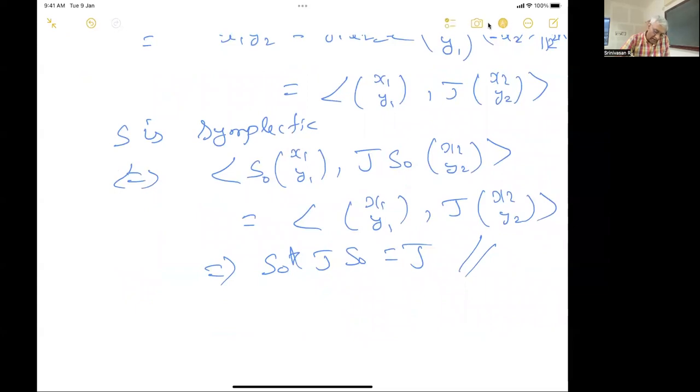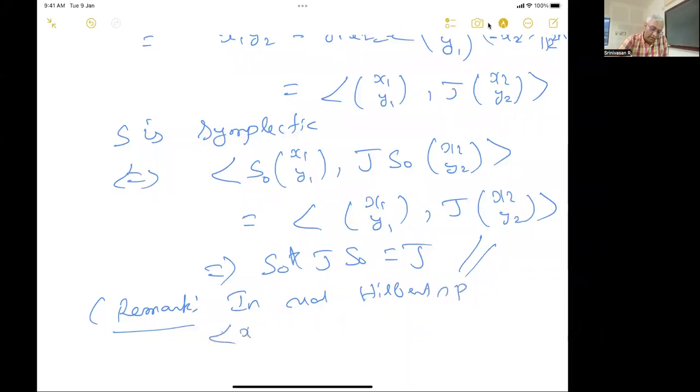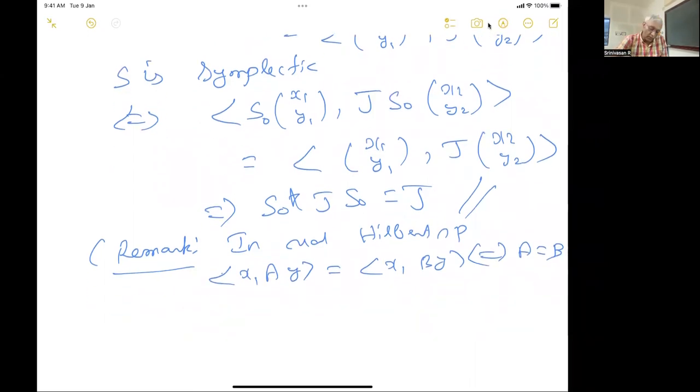This is a remark I did make in my graduate analysis course. In a real Hilbert space, taking the physicist inner product, if ⟨X, AY⟩ equals ⟨X, BY⟩ for all X, Y, then A equals B. But in a complex Hilbert space, it is enough to have the so-called quadratic form.